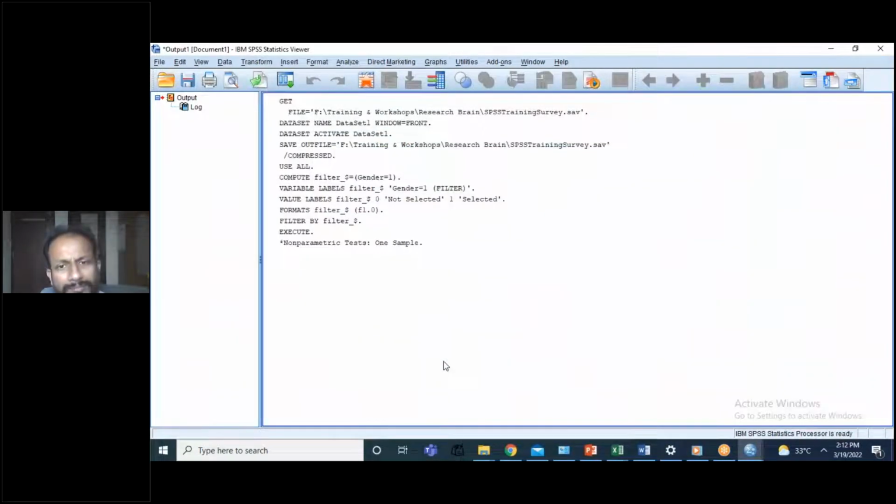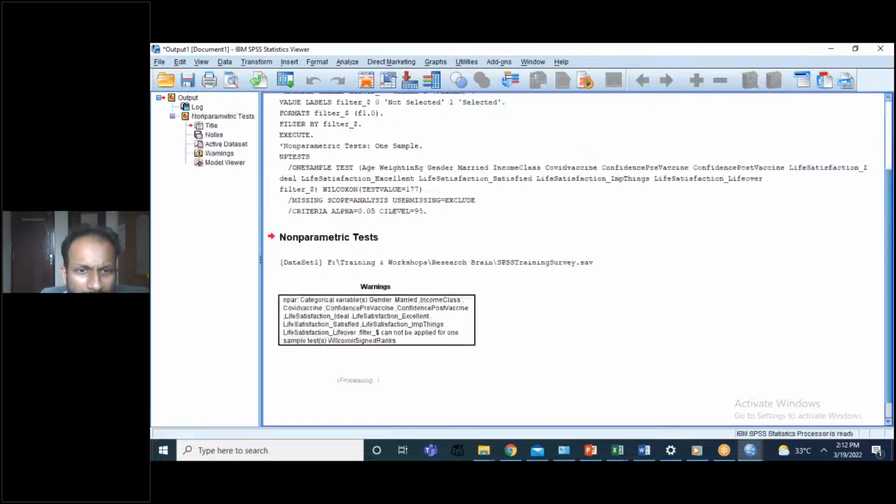Click on run. So now you will be getting the non-parametric one sample t-test. You can see that it is processing. It's taking a bit of time.